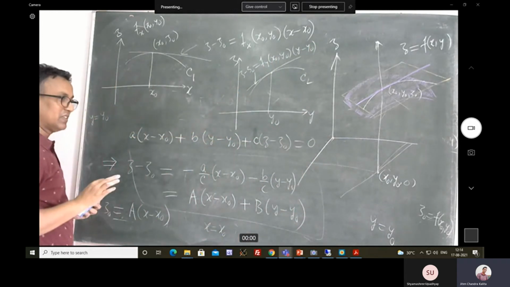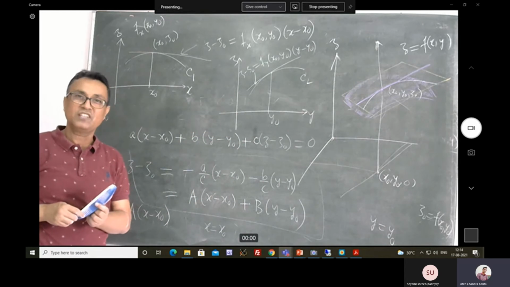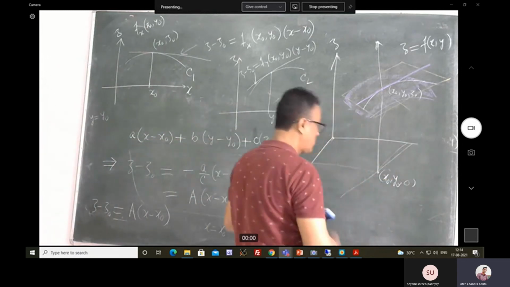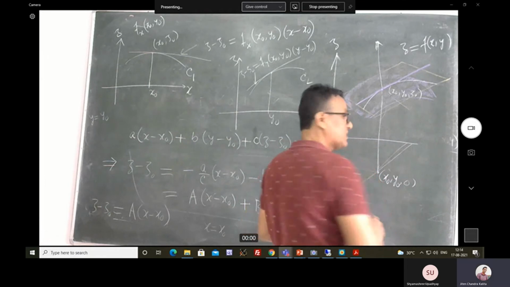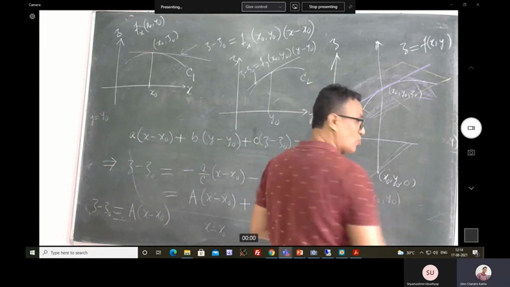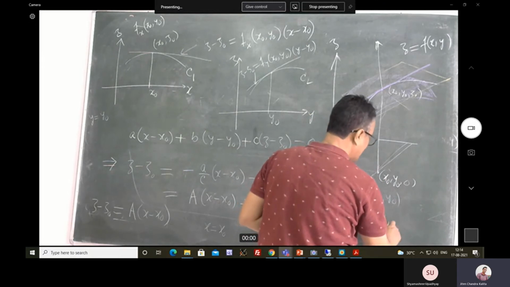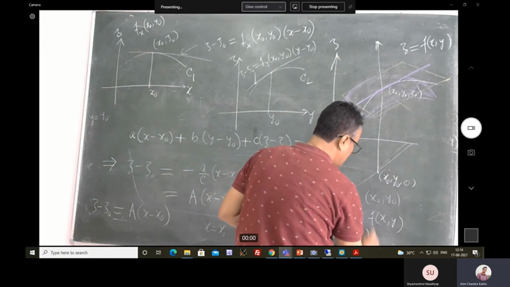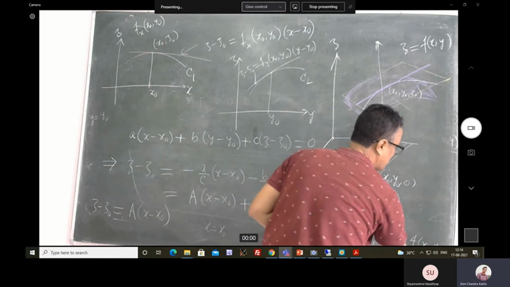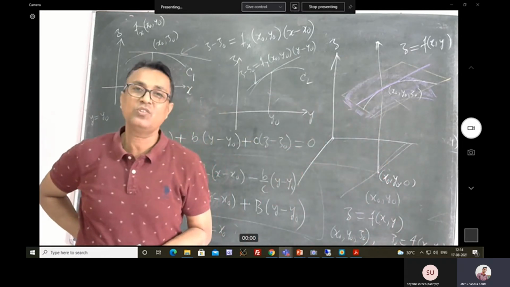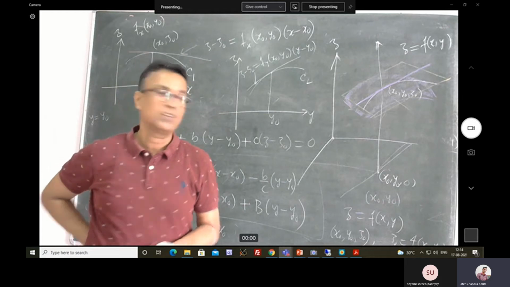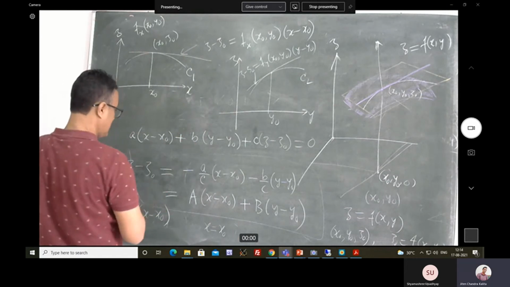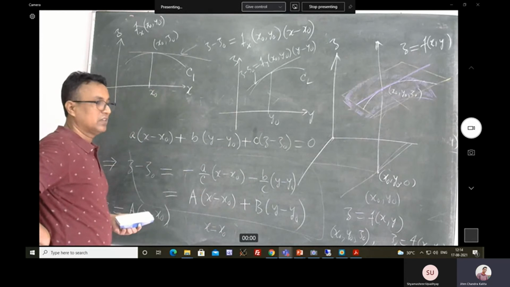So if you want to find the equation of a tangent plane on a surface z equal to f of x, y at the point x naught y naught z naught, where z naught equal to f of x naught y naught, what you have to do is simply find the partial derivatives with respect to x and y, and then plug them into this equation of the tangent plane.